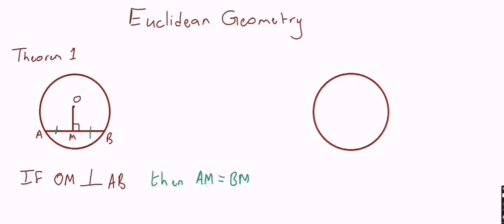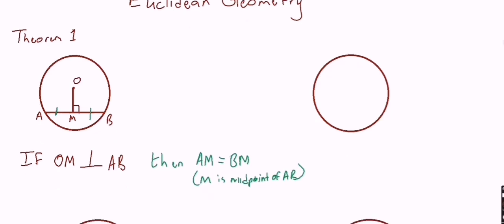So you could either write it like that, or you can say then M is midpoint of AB. So that is what's going to happen.